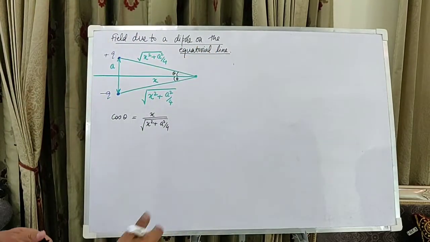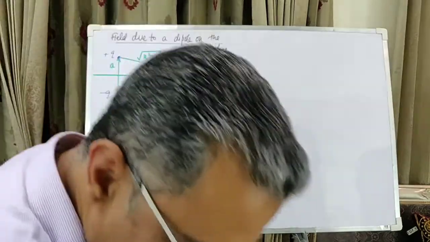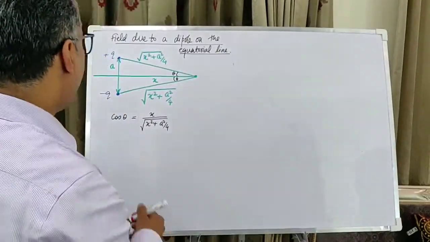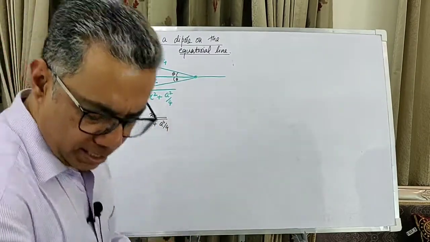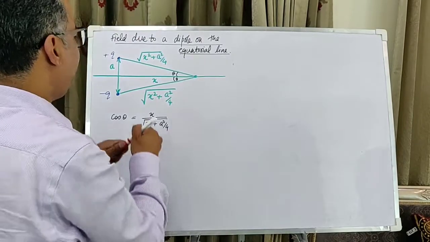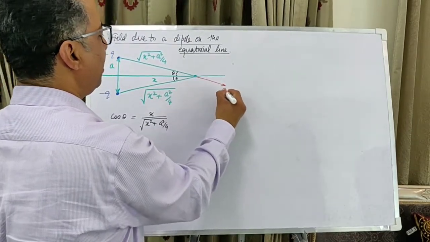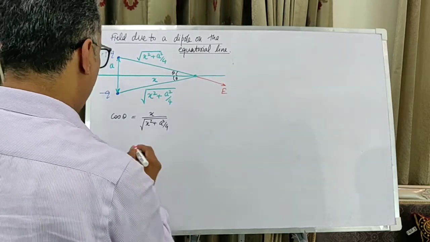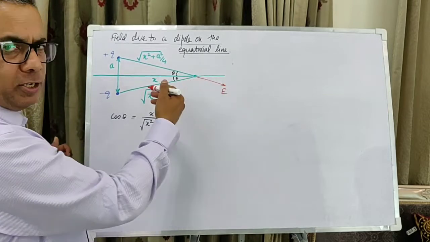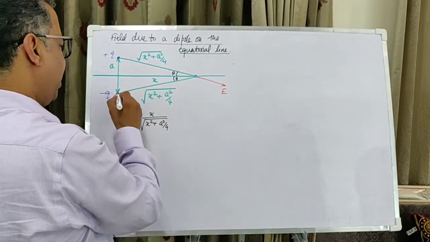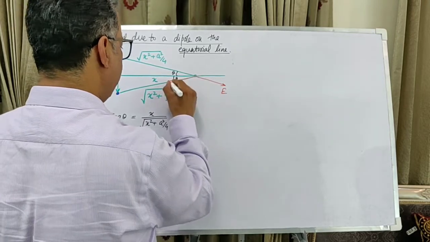Now, at this point, the field due to plus q will be directed away from plus q this way. Let's call it E. Now this E will have a certain magnitude, we'll calculate it, and then we have this minus q. This also produces an electric field.